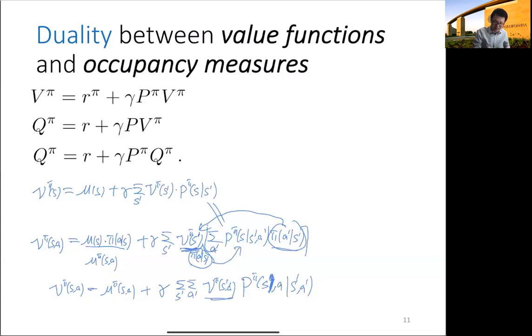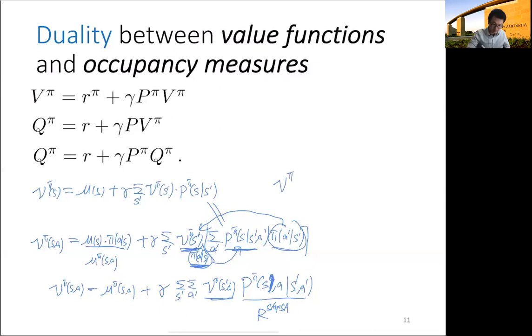And I'm grouping this conditional with the other conditional so that it becomes the joint distribution of S, A given S prime, A prime. By combining both of them, conditioning on S prime, A prime, I get this SA by SA dimensional transition matrix. So both of these things have a matrix form that we can write out.